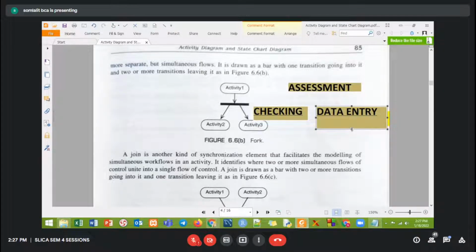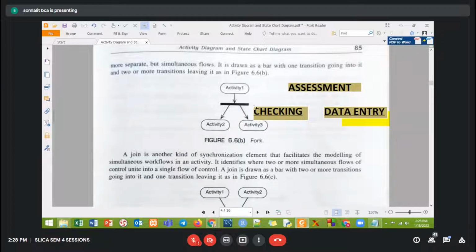Tell me, did you understand? Is everyone clear? Yes or no? Okay. Once these two activities are performed, then and only then can I display the result. So the result will be a join operation.